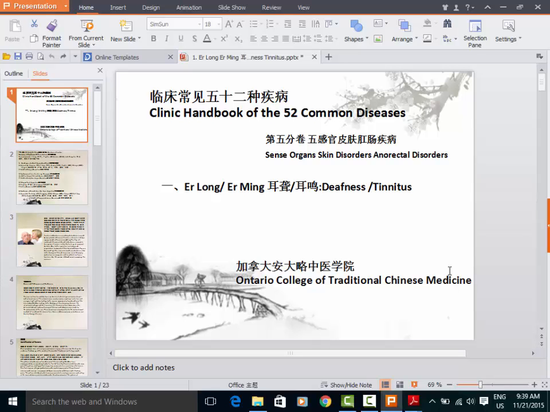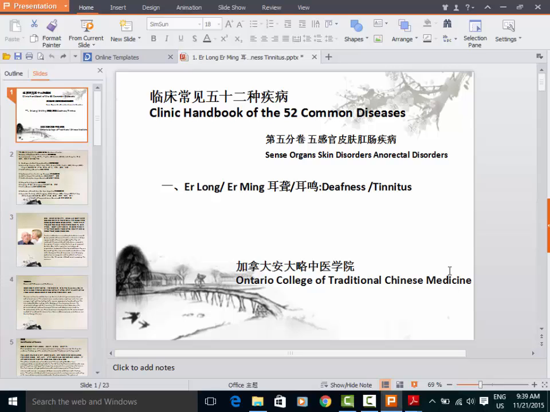It may also involve the liver. That's another pattern, liver yin deficiency. Kidney and liver yin deficiency is common because tinnitus may be related to this uprising from the liver, right? The other major pattern is excess.